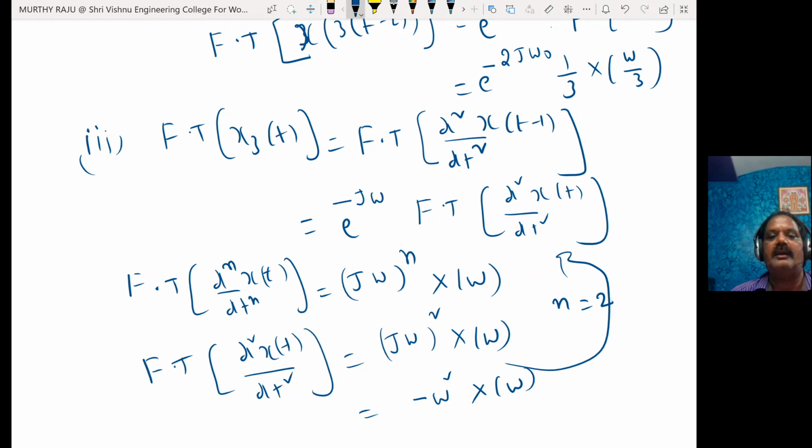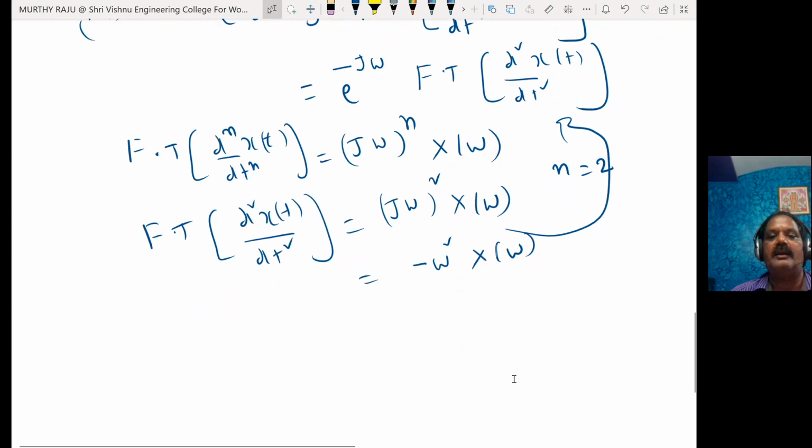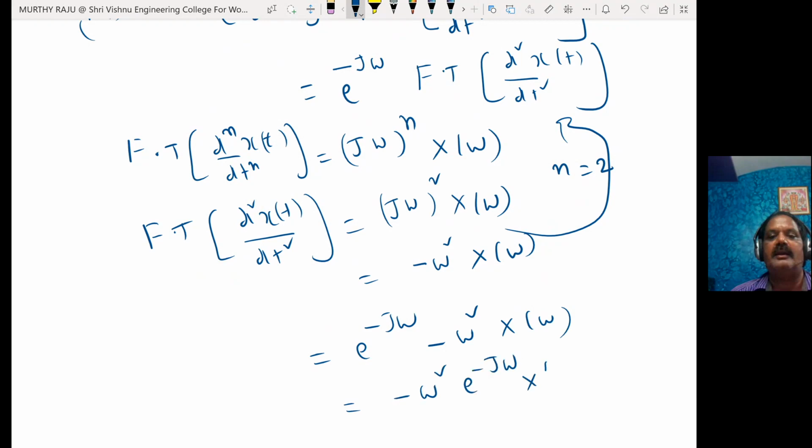Substituting this value in that expression, finally e power minus j omega times minus omega square X of omega, that is minus omega square e power minus j omega X of omega. This is the third one.